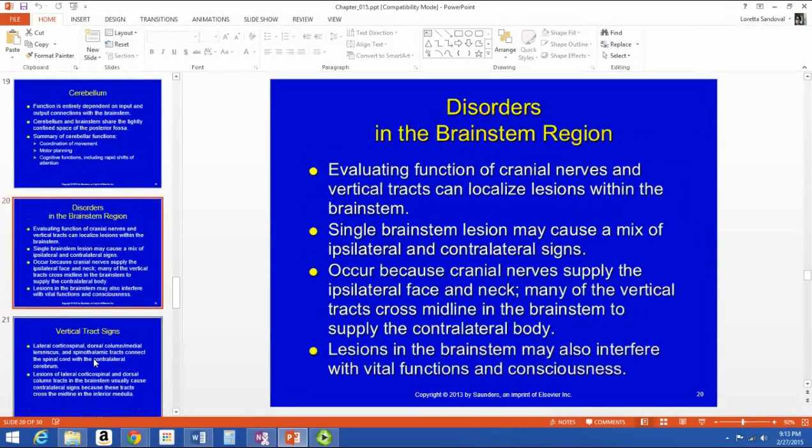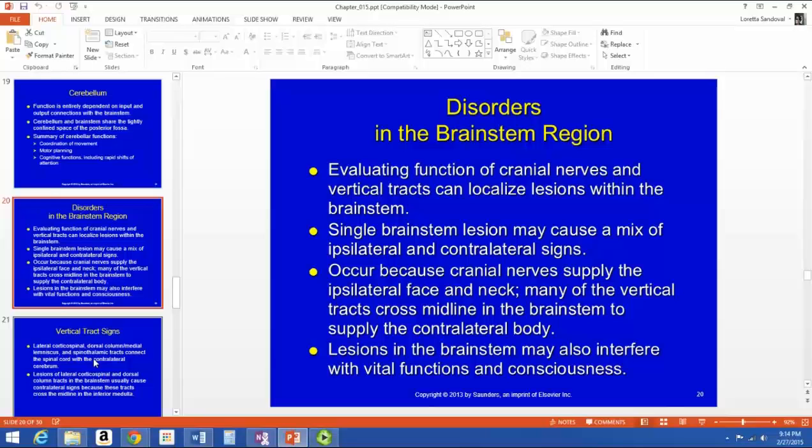So, talking about disorders of the brainstem, because we have all the tracts going through the brainstem, a lot of times when they're evaluating tracts, it can allow them to localize lesions within the brainstem when they see what's going on in the individual tracts. So a single brainstem lesion can cause a mix of ipsilateral and contralateral signs because the tracts cross over at different areas.